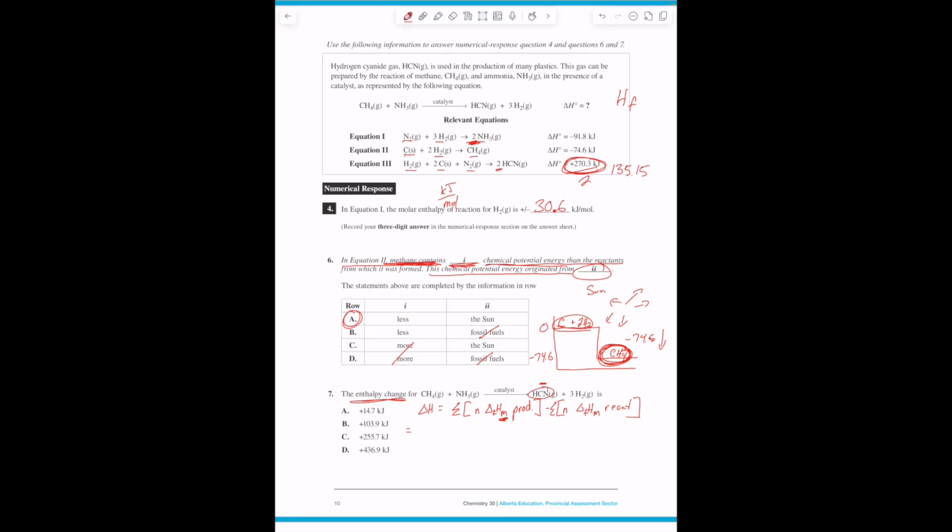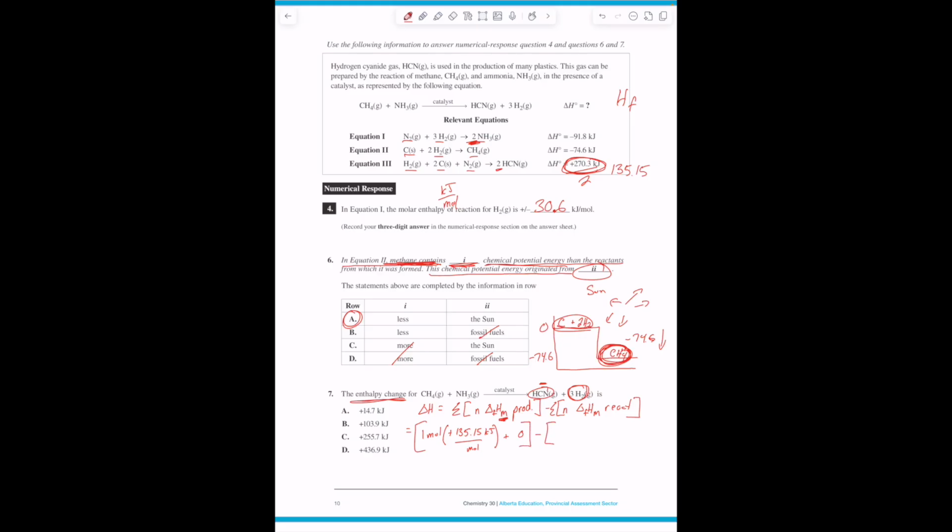Kilojoules per 1 mole. So I'm going to put in 1 mole times my 135.15 kilojoules per mole. Ugh, that's painful. Okay, plus this is an element, so that's 0. So, okay, that's nice. That's shorter.